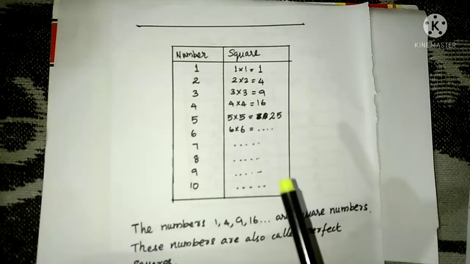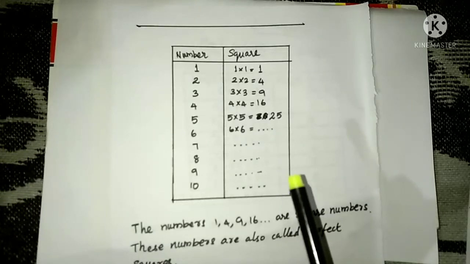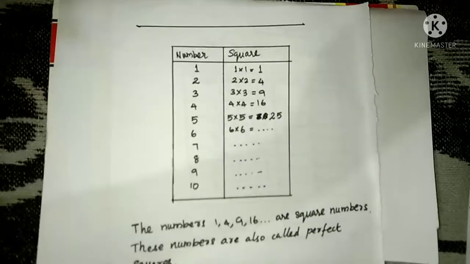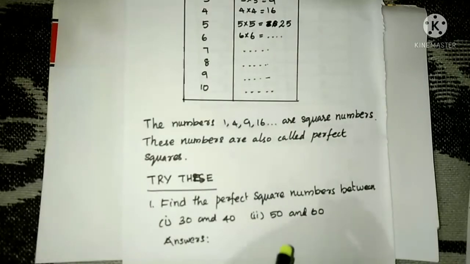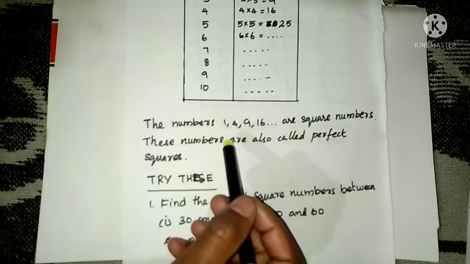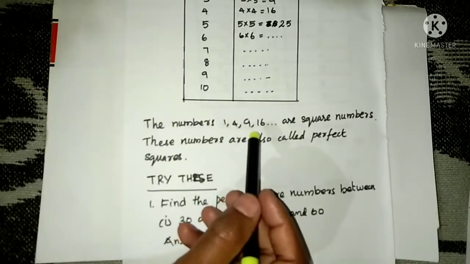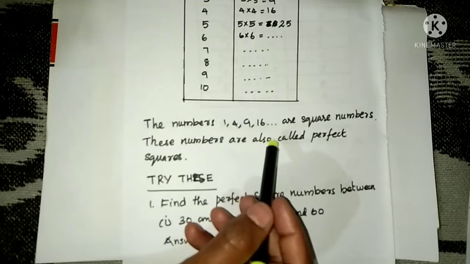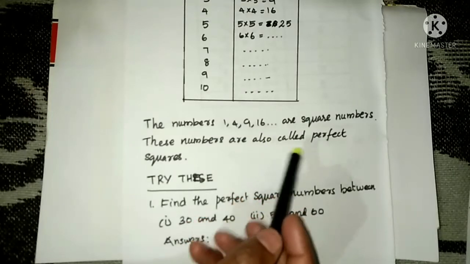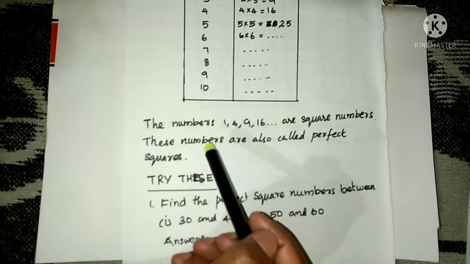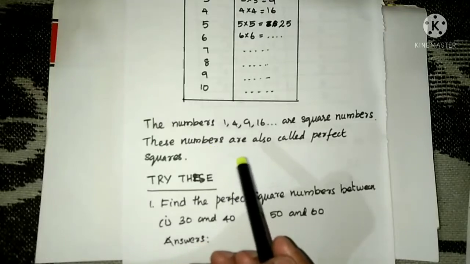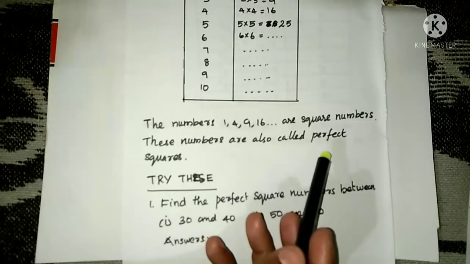You will find that the rest of the numbers are not square numbers. The numbers 1, 4, 9, 16 etc. are square numbers. These numbers are also called perfect squares.